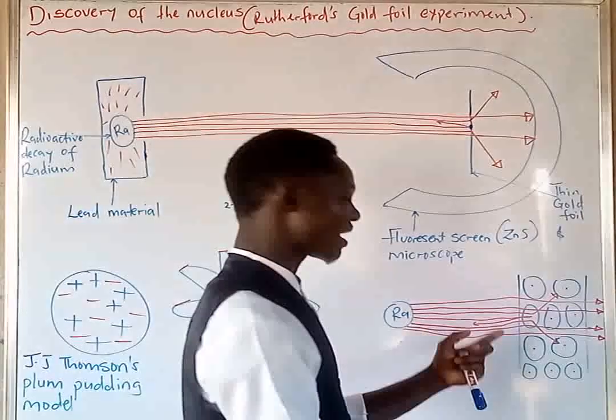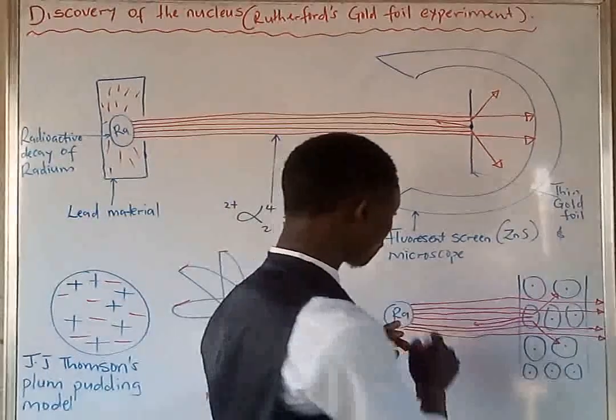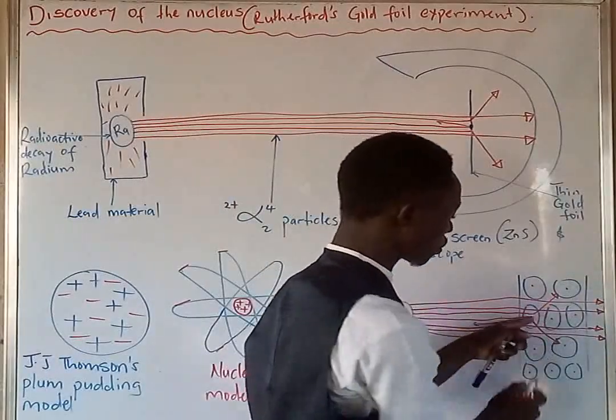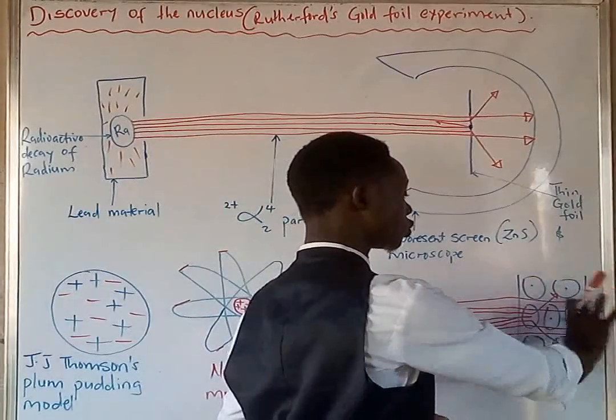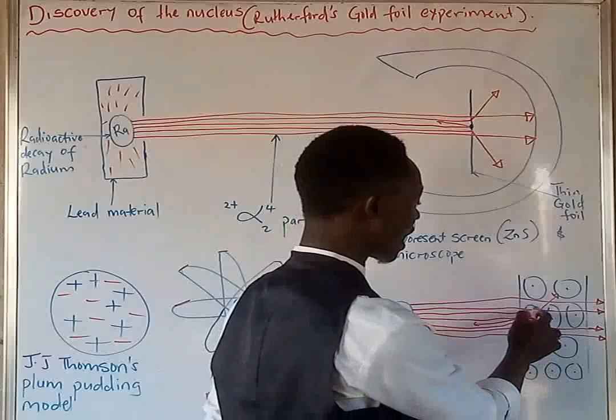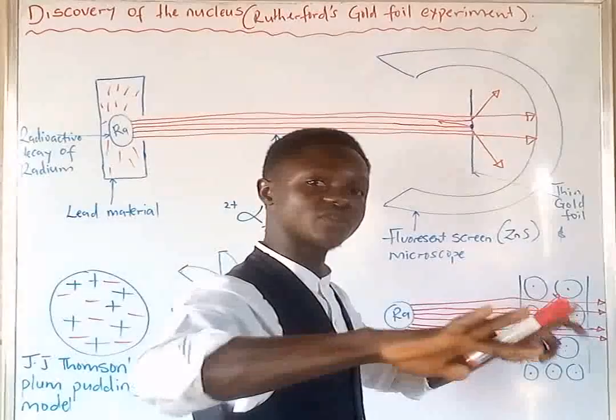Now that's why they bounce back at angle 90 degrees. For some of the particles to be deflected is because they came close to the nucleus. And for most of the particles to pass through is because the atom has a lot of empty space.